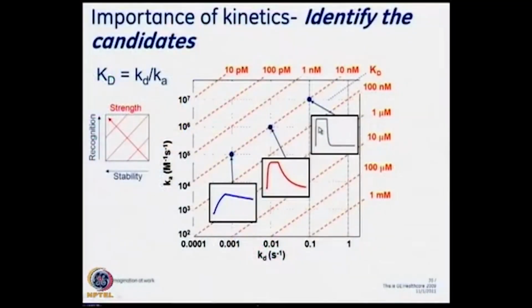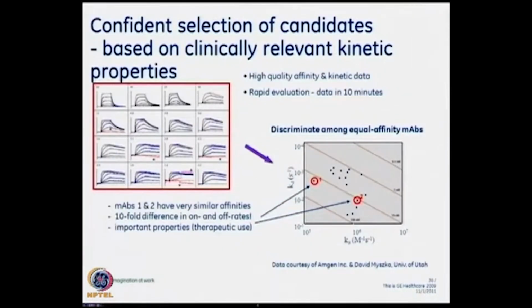Now this is an example where if someone chose just on the basis of affinity, all these 3 would have been the same. But since they would make their choice based on kinetics, they can actually decide based on the K on and the K off. Now here is a real life example in the next slide, which is a publication from Amgen and from David Mishka of University of Utah, where Amgen uses this data directly to do their clone selection.